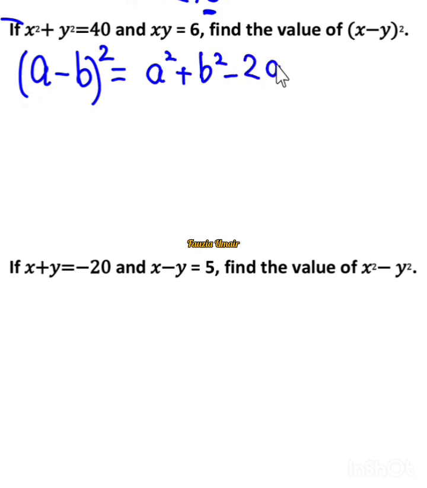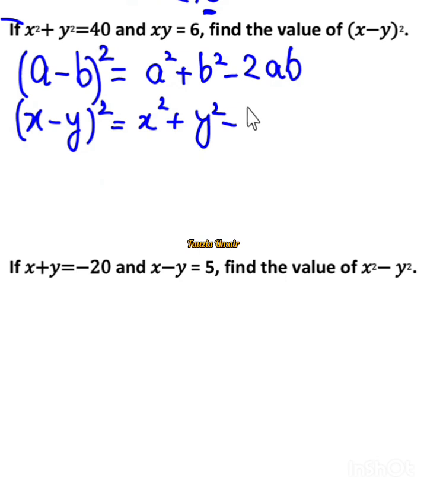This is the original form of the formula. So if I replace a with x, because in this question a is x, and b with y, this formula will be changed as x minus y whole square is equal to x square plus y square minus 2xy.